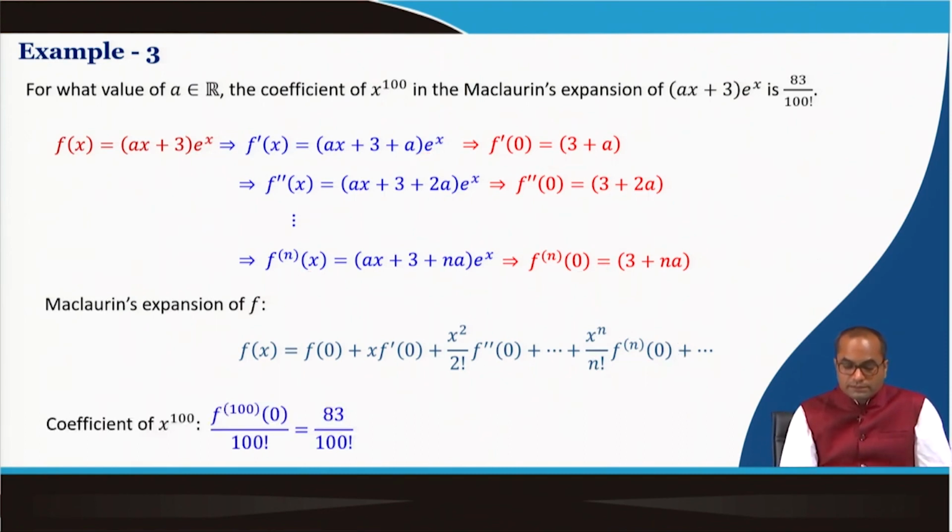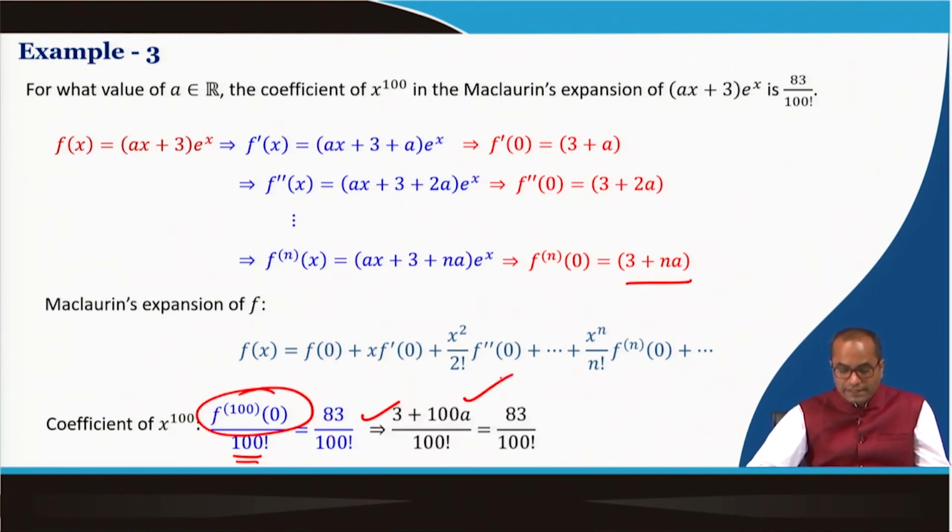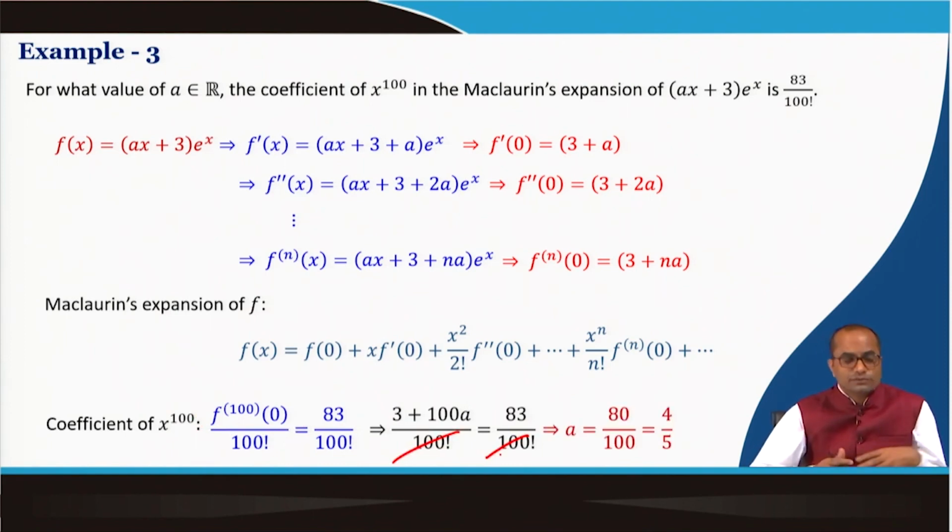Comparing this, f^(100)(0) over 100 factorial is given as 83 by 100. This is nothing but 3 plus 100a over 100 factorial, and then the factorial will cancel out and we will get a equal to 4 by 5. So we can do similar kinds of problems where the coefficient value is given and there is some unknown parameter in the function, which we have found out is actually 4 by 5.